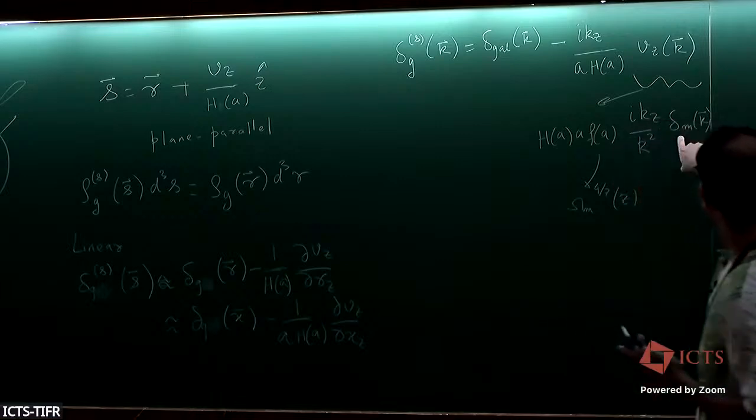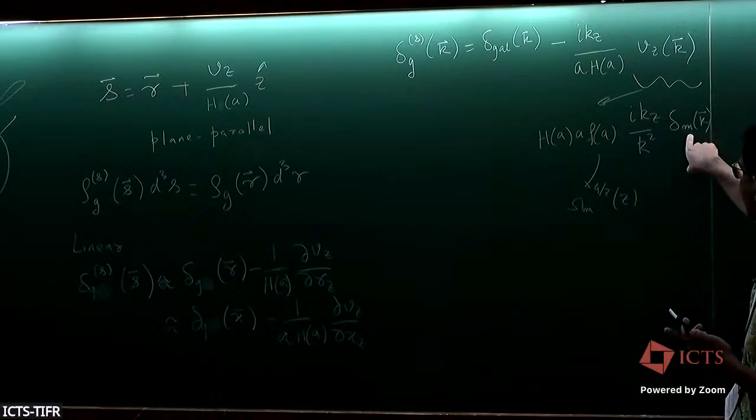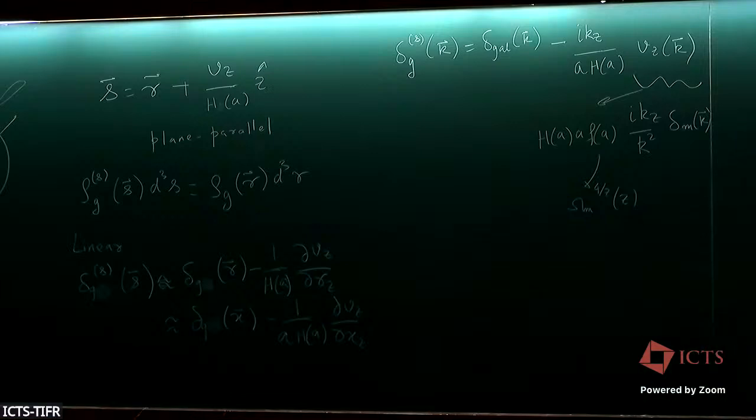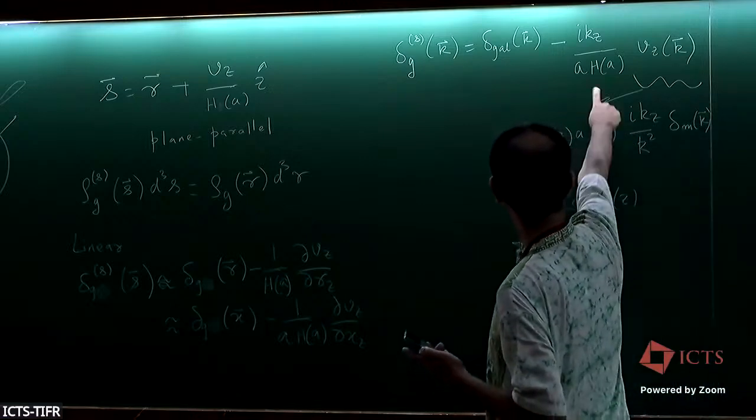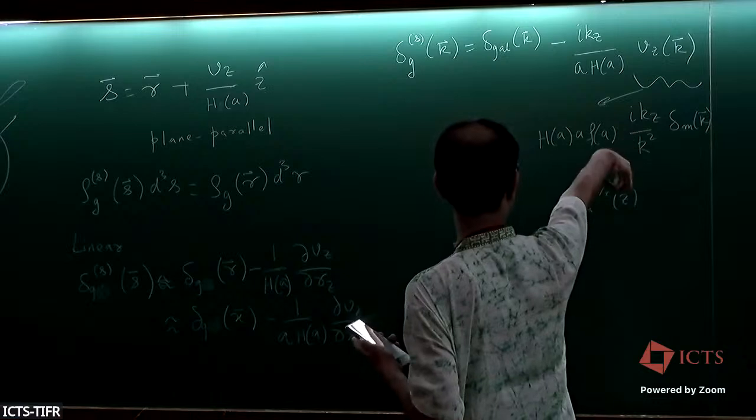Now, you can see this delta m, I can replace by the bias of galaxies times delta of galaxies and do some manipulation. Some of these aH and a factors cancel out.